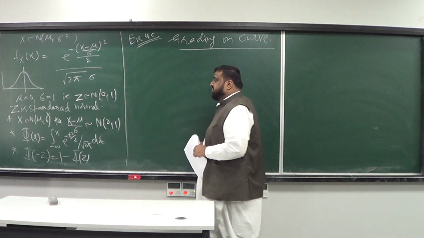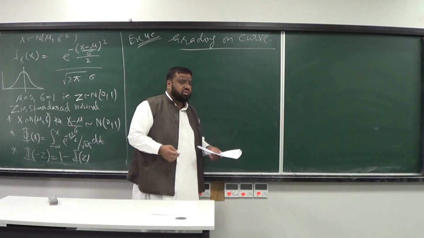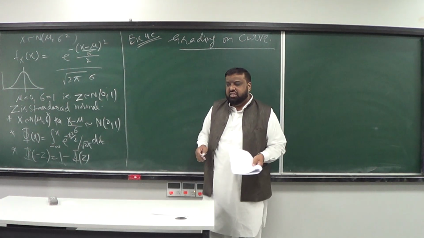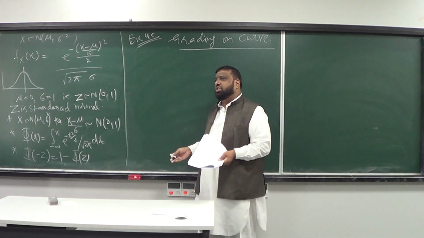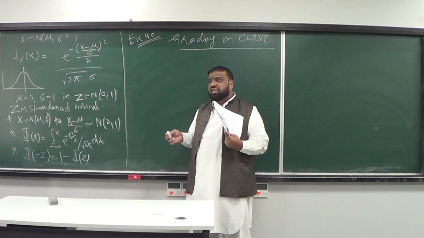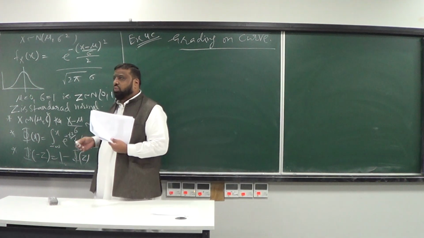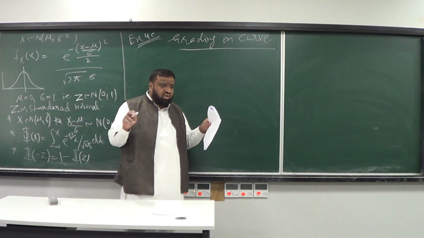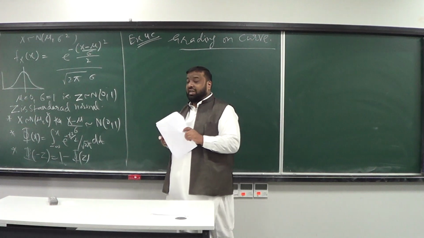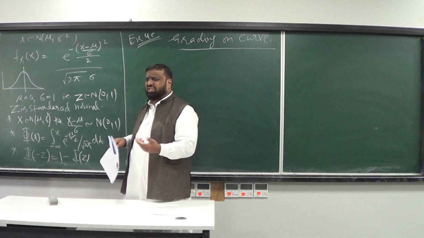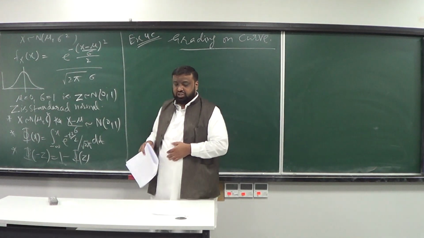So the question is, imagine you want to take an exam, and you have the exam results with you, and now what you want to do is have a good marking strategy for that examination.